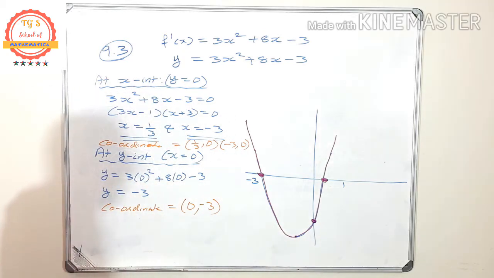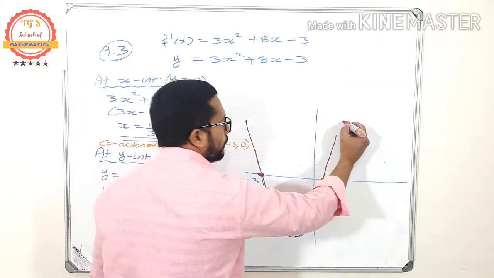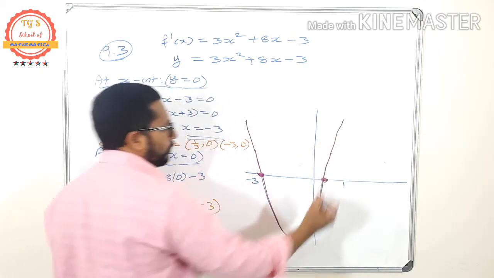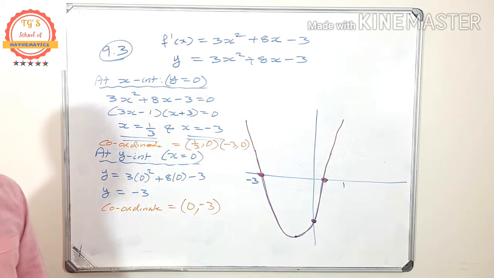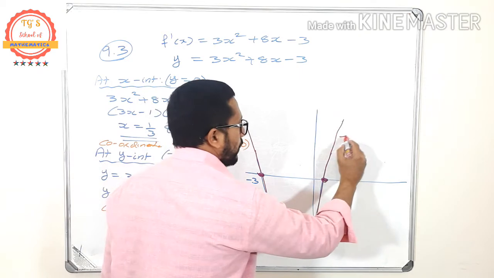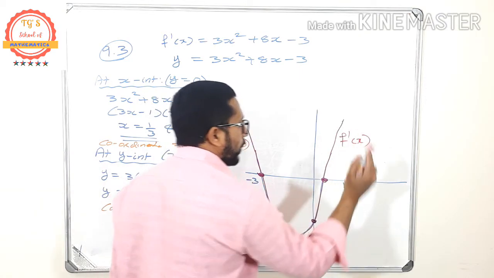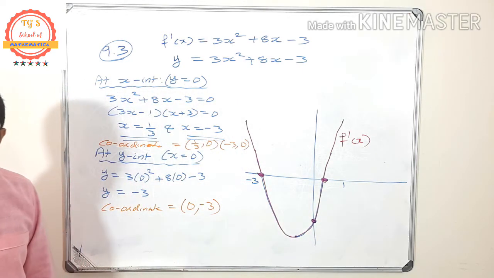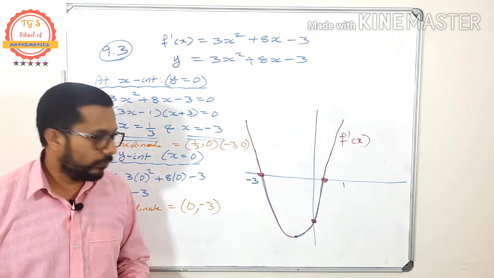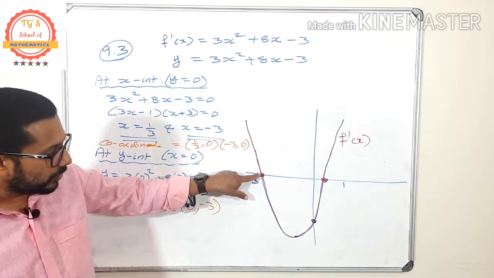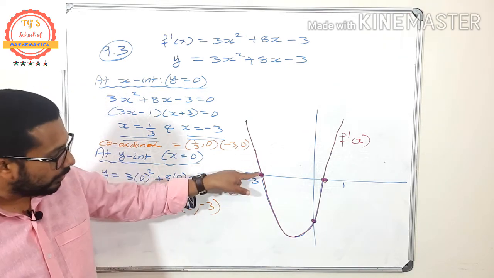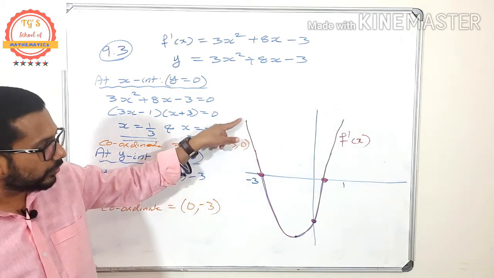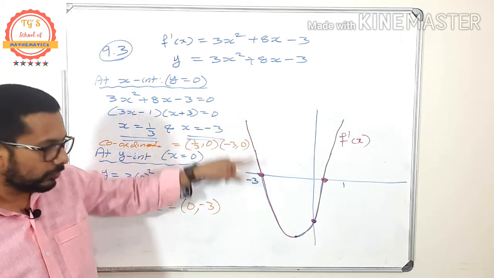So this is our f dash of x, the first derivative graph. In this graph of f dash of x, listen very carefully, from minus 3 to this side, is it greater than 0 or less than 0?